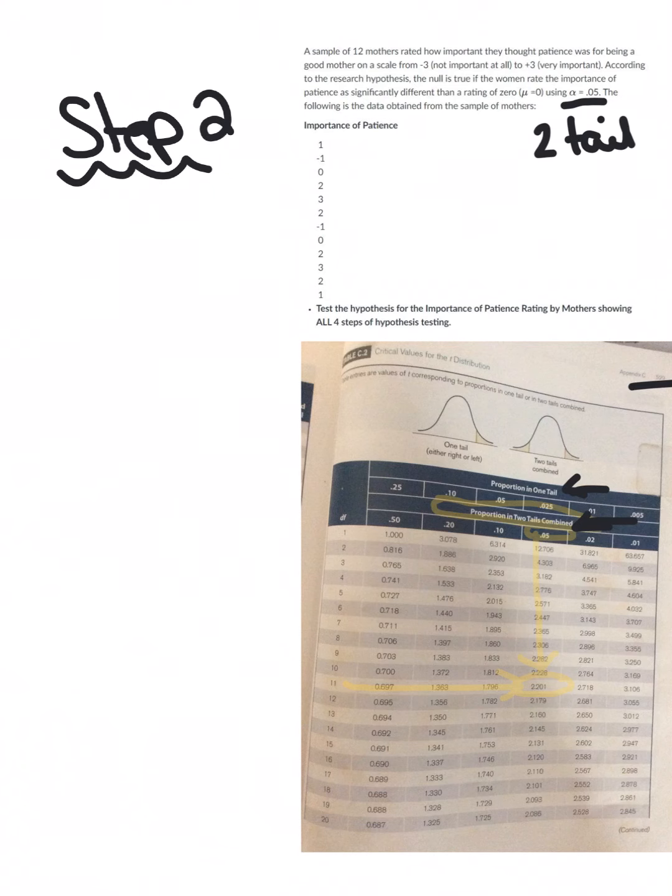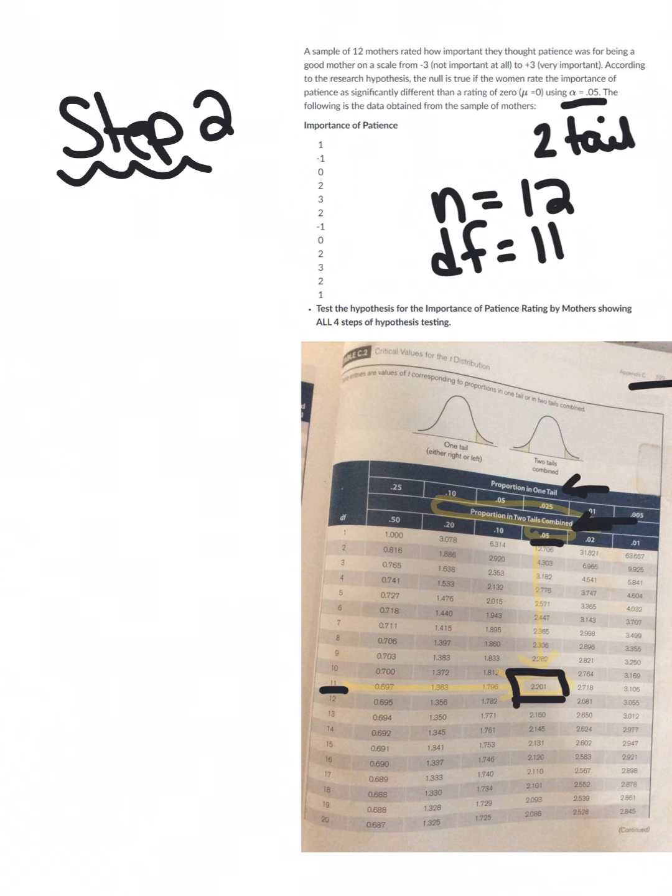Since our sample size is 12, our degrees of freedom is n minus 1, so our degrees of freedom is 11. So if you'll notice, we're going to look at 11 and this column for 0.05, and we get 2.201, right here.